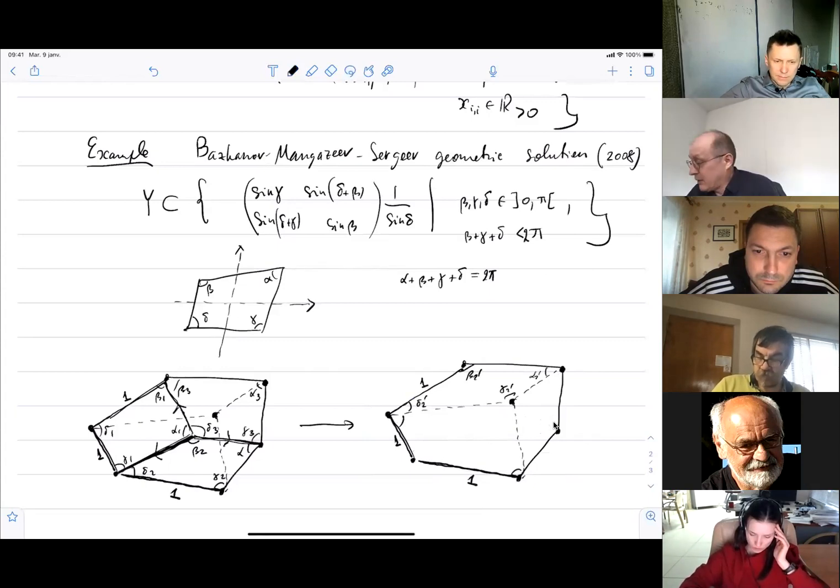Here we have beta 3 prime, alpha 3 prime, gamma 3 prime, and delta 3 prime, and this angle will be delta 1 prime, beta 1 prime, alpha 1 prime, and gamma 1 prime.